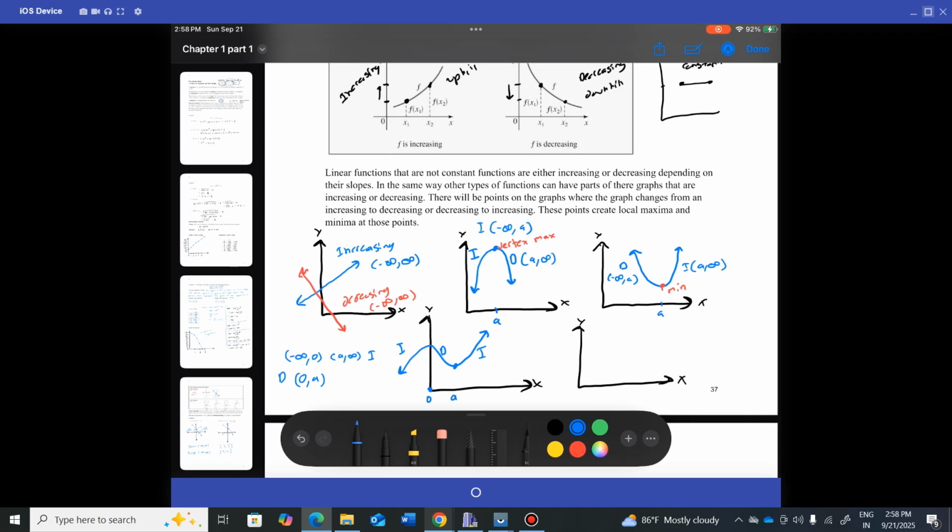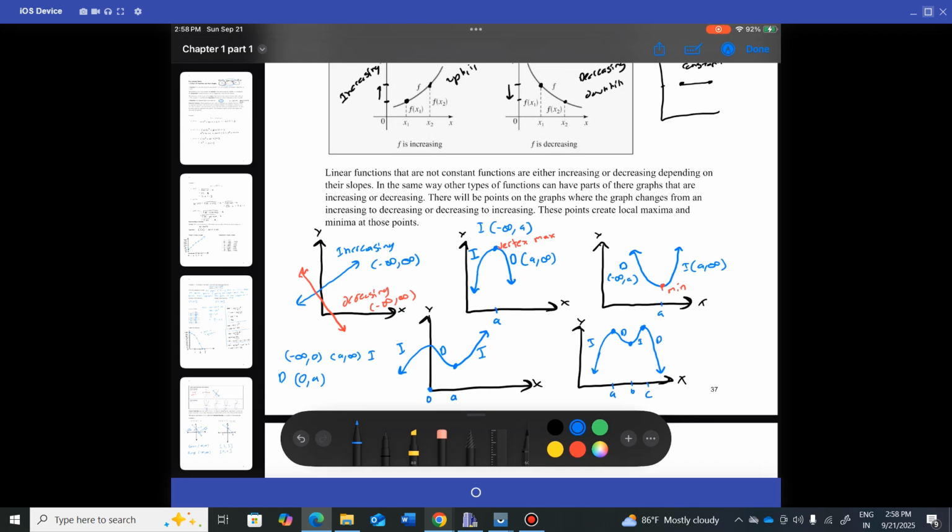And we'll do one more. It's going to be a fourth power. So we're going to call these points A, B, and C. And so it's increasing, decreasing, increasing, decreasing.